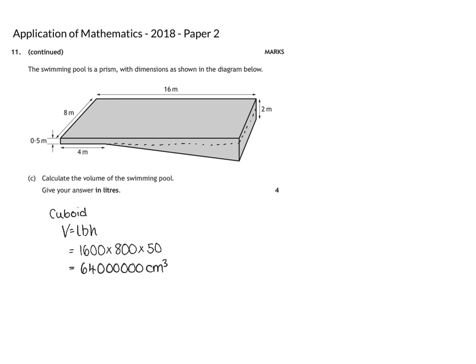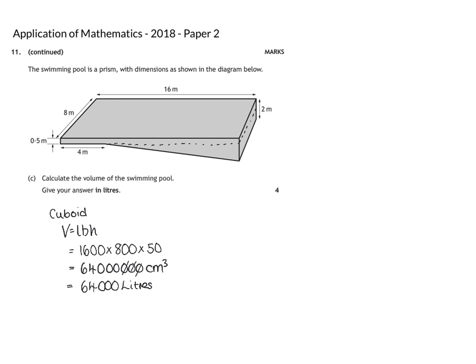Right, so that's a lot of centimetres cubed, but that's the same as millilitres, so if we divide it by 1,000, so if we take off our 3 zeros, we get 64,000 litres. Because a centimetre cubed is exactly the same as a millilitre, and there are 1,000 millilitres in a litre.